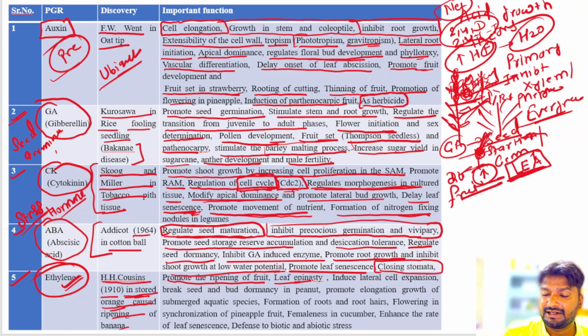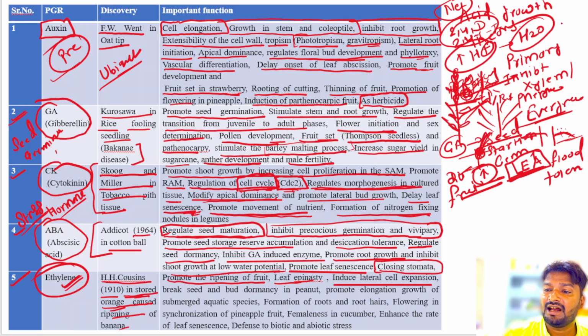Leaf epinasty. Leaf epinasty. This is very important role for the flood tolerance. Okay, but whenever there is flooding, there is a downward movement of the leaf. Okay, so this leaf can be above the water surface. Also, it induces the lateral cell expansion.